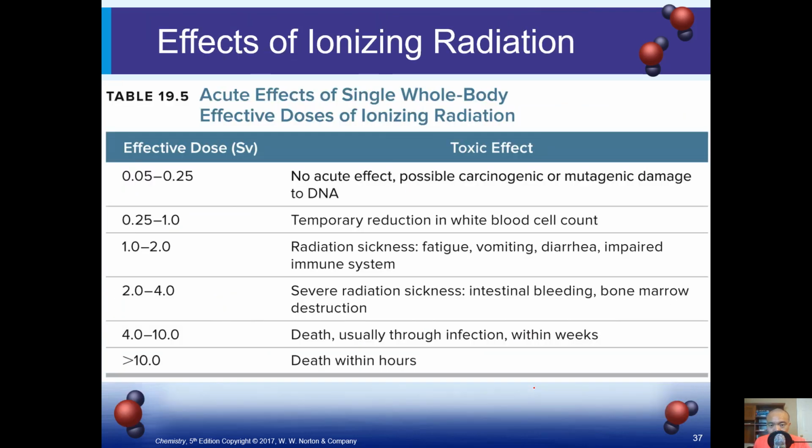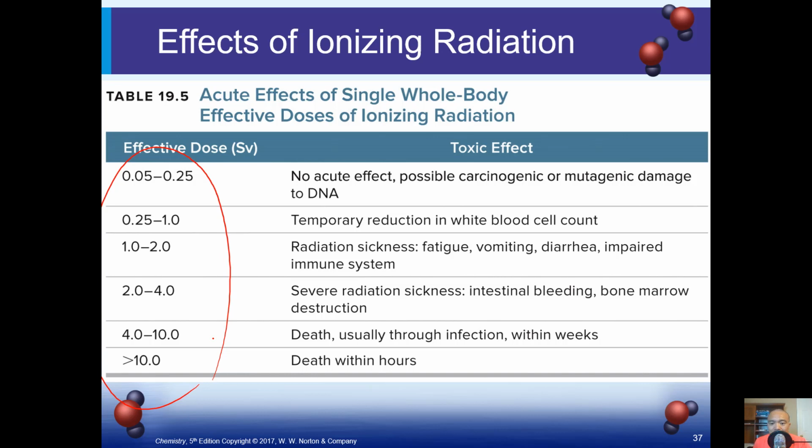The effects of exposure to different levels of radiation are summarized in this table, excerpted on the left side. At low doses, the immediate effects are minimal, although there may be carcinogenic and mutagenic damage to DNA. As the dosage level increases, more severe biological effects are experienced, including a temporary reduction in white blood cell count.